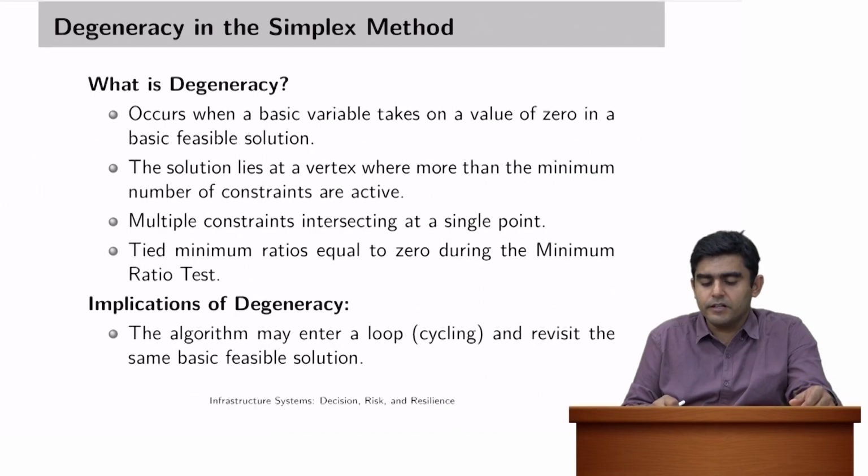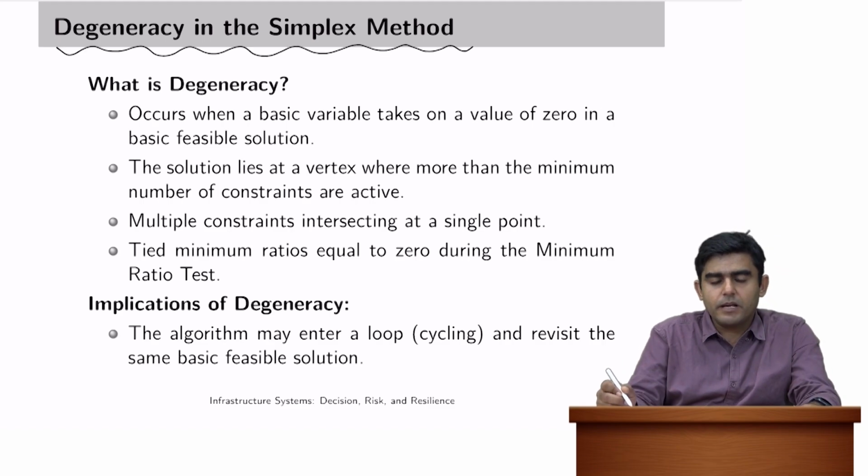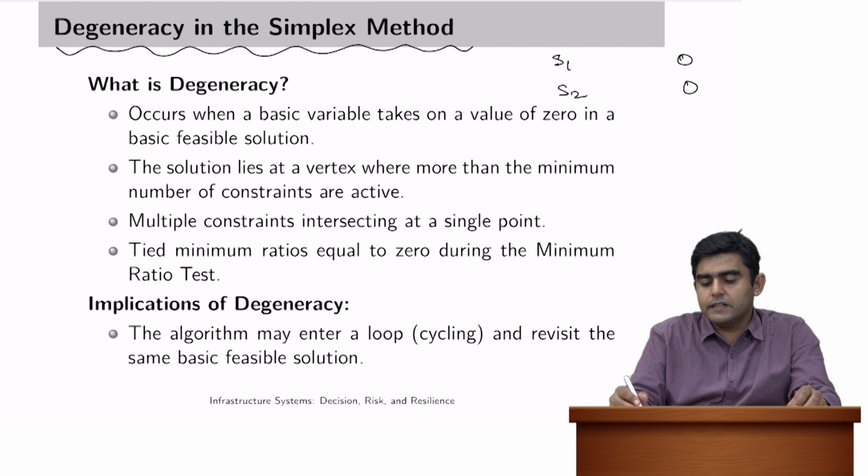Also, there is another case that arises in the simplex method, what we call degeneracy. What happens in degeneracy is that a basic variable takes on the value of 0 in the basic feasible solution. So, for example, the right hand side becomes 0. Now, the problem is that if you slightly increase the entering variable, there is no scope for increasing the value of this entering or non-basic variable, because your basic variable is already stuck at 0.